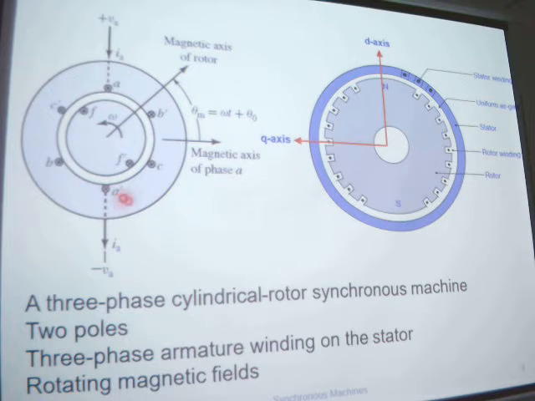They produce sinusoidal MMF and flux density waves in the air gap. And the field F and F prime is the rotor winding.